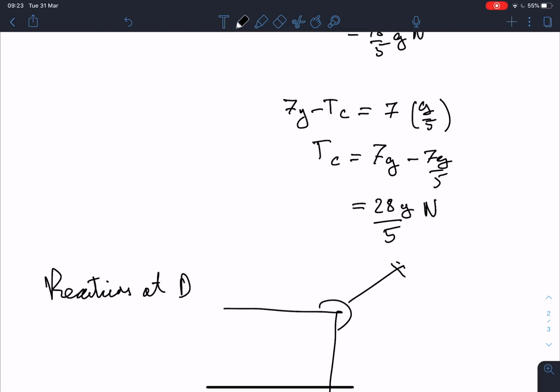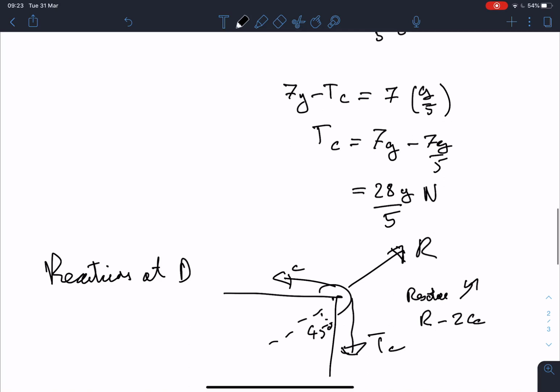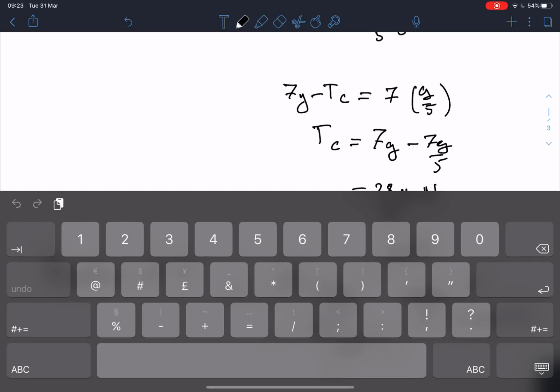And TC, using a similar substitution, we're going to get 7G minus TC, so 7G minus TC was equal to 7 lots of A, which was G over 5, so TC is equal to 7G minus 7G over 5, that's 35 minus 7 is 28G over 5 newtons.